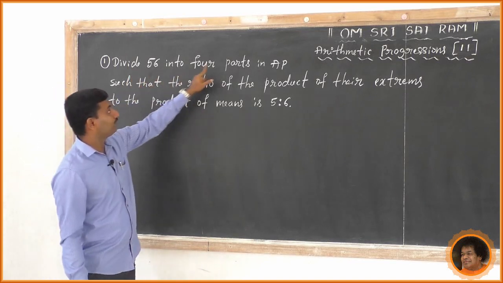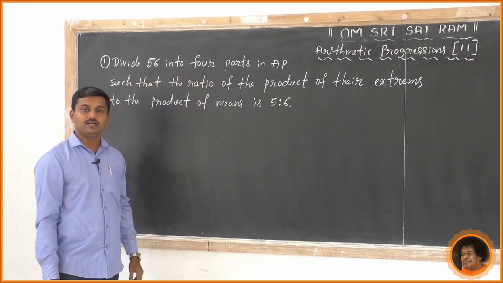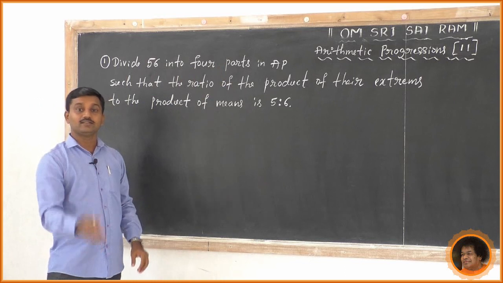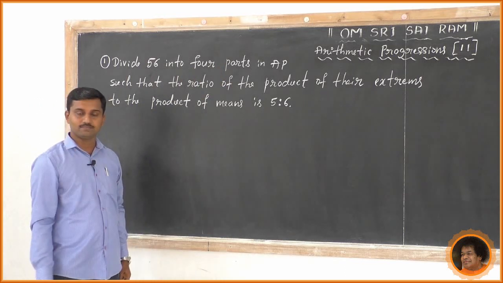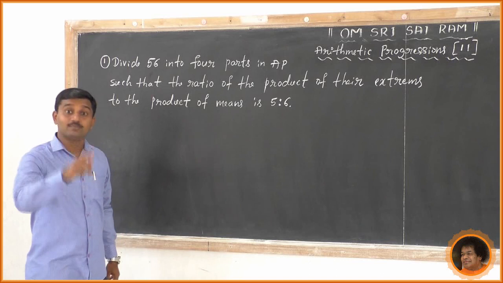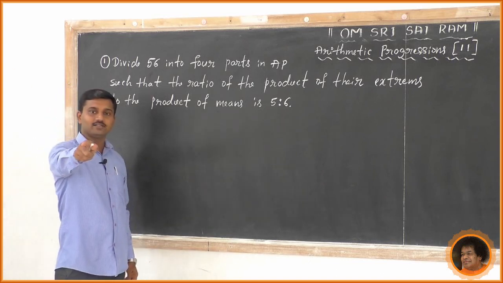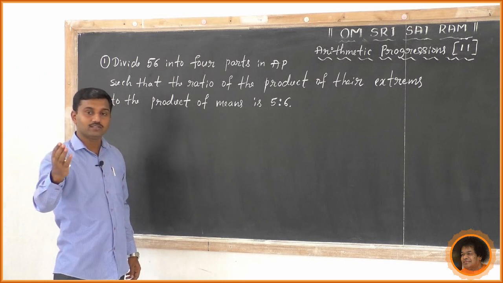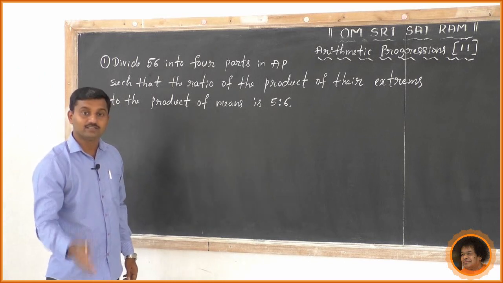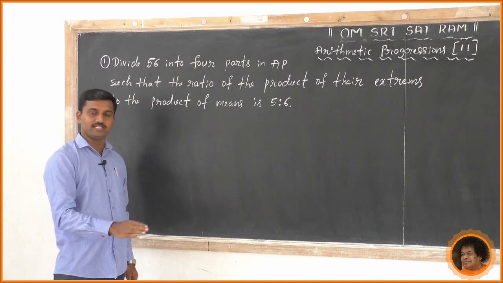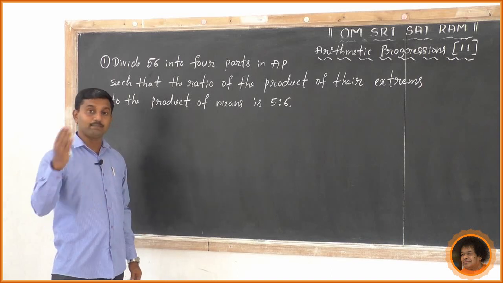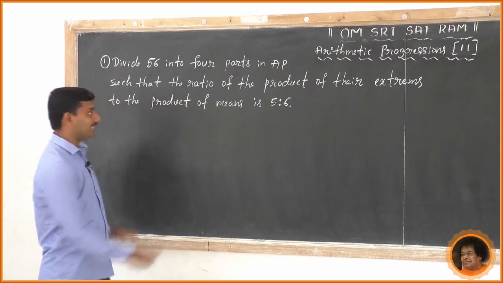Divide 56 into 4 parts in AP. Now we have to consider the 4 parts, or 4 terms, which are in AP. You already studied that if 4 terms are given, we have to consider the 4 terms as a minus 3d, a minus d, a plus d and a plus 3d.